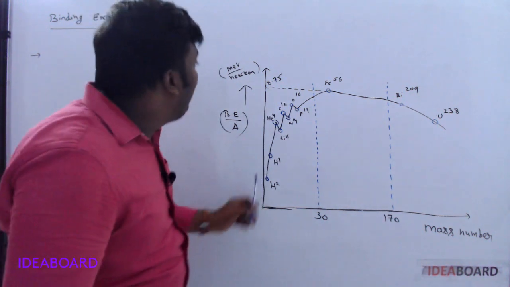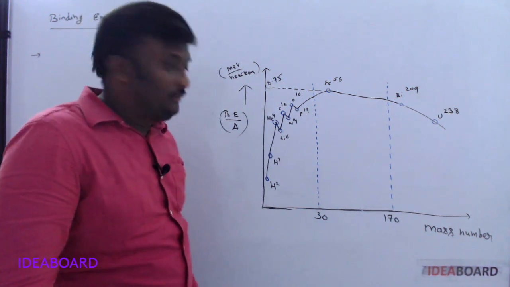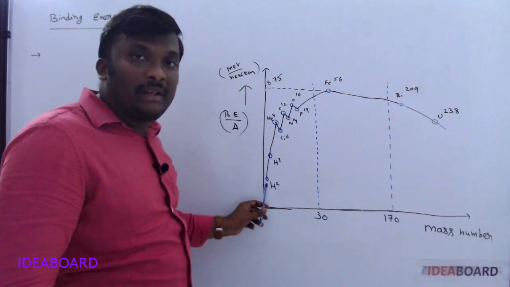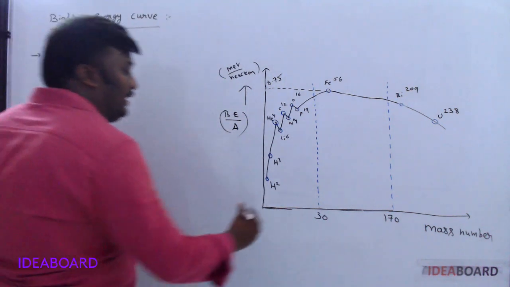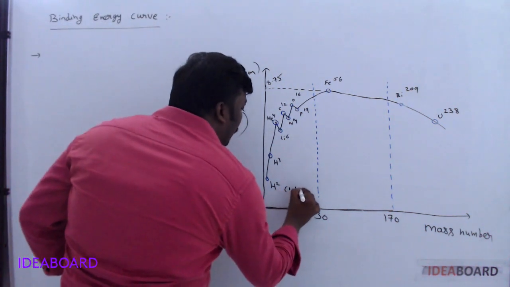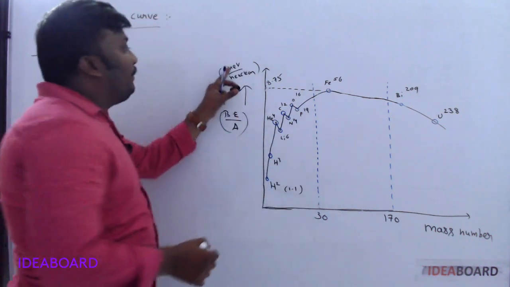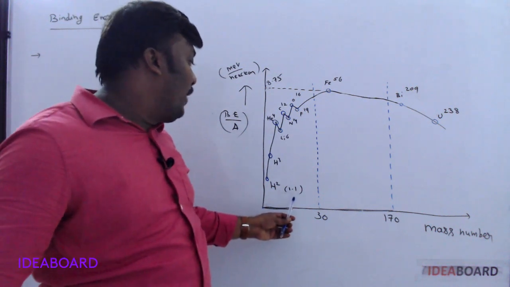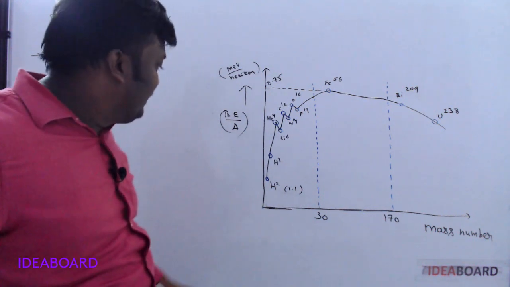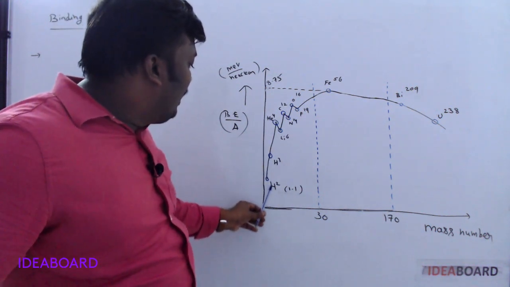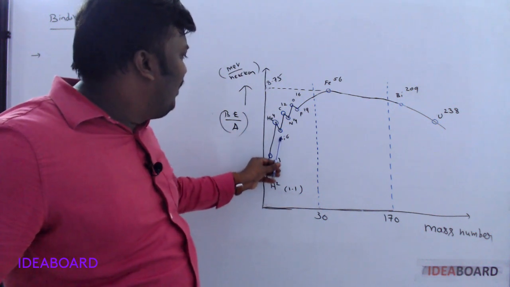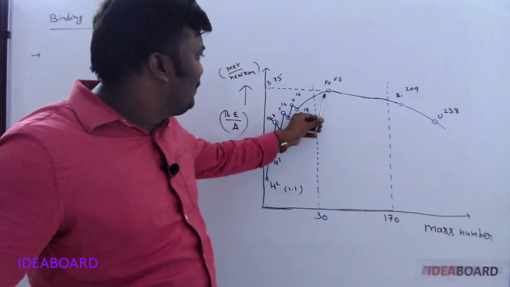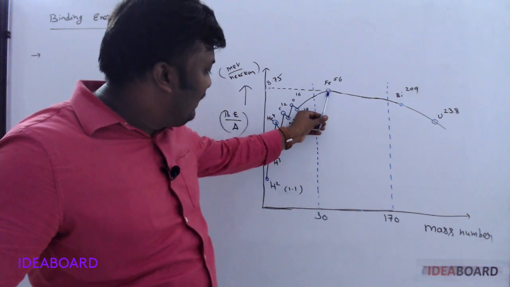Deuteron has the lowest binding energy per nucleon, because the curve starts from here. The value for the deuteron is just 1.1 MeV per nucleon. Next, if the mass number increases, the value also increases continuously and reaches a maximum value here.